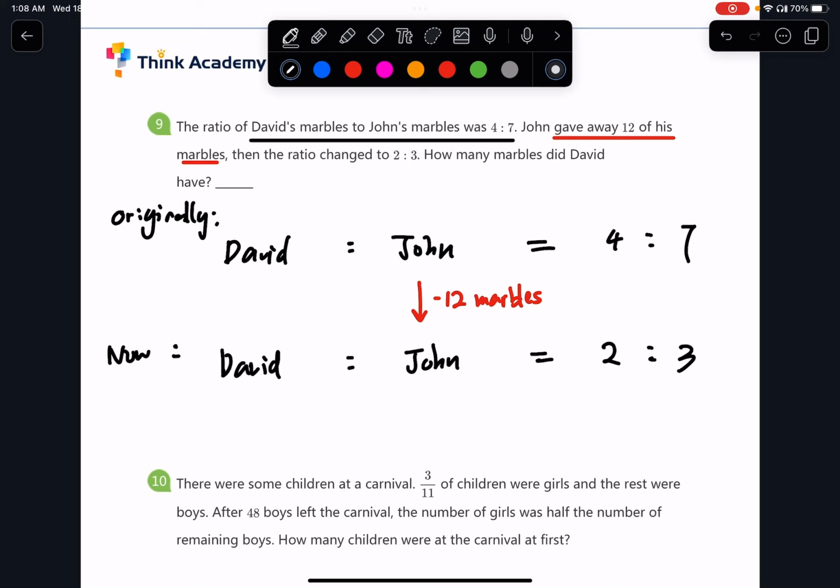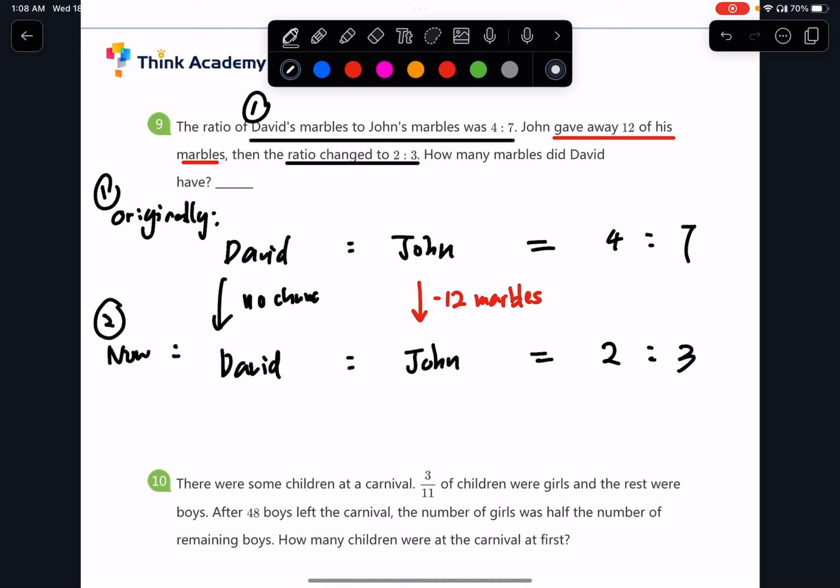So how come the ratio changed that much? So in this question, what is not changing? Can anyone tell me what is not changing in this question? That is the number of marbles David had, right? Because only John gave away 12 marbles. David didn't give away any marbles. So David has the same marbles in these two conditions.